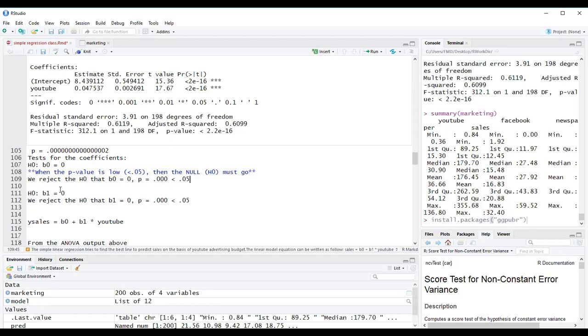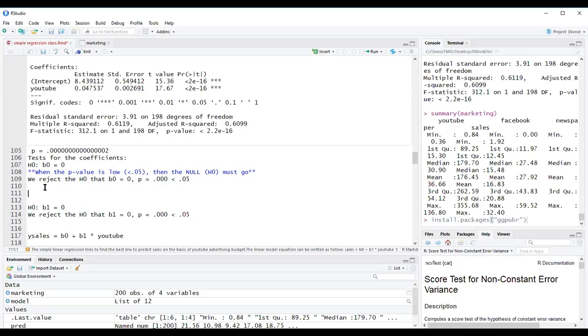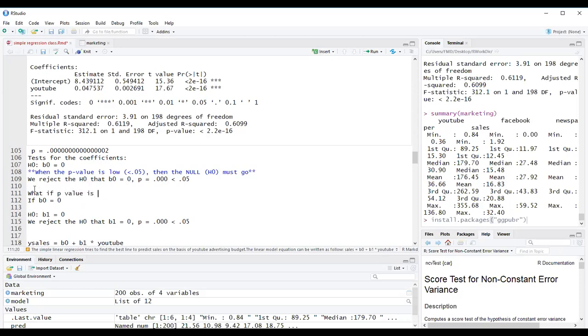Therefore, gawin ko dito, if b sub 0 is equal to 0, what if p-value is greater than 0.05. Okay. In this case, guys, ano mangyayari?